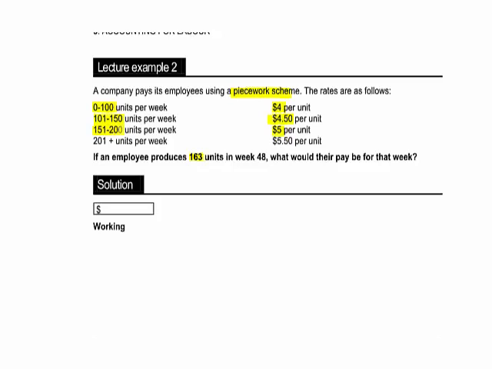So the first 100 units then are going to be paid at $4 per unit. The next 50 units, so 101 to 150, are going to be paid at $4.50. That's 225.